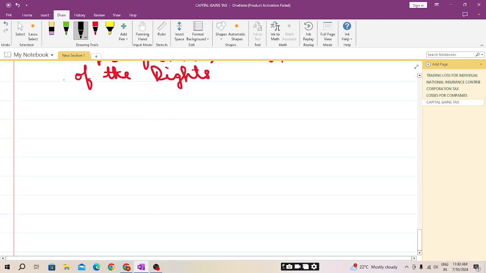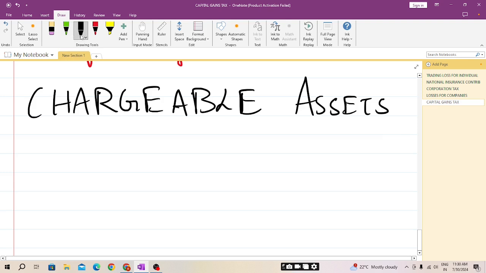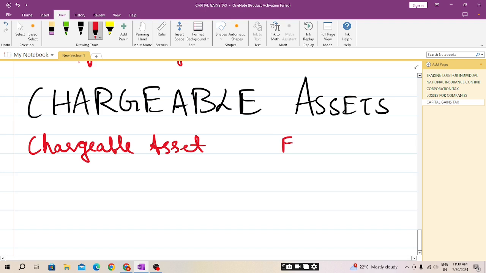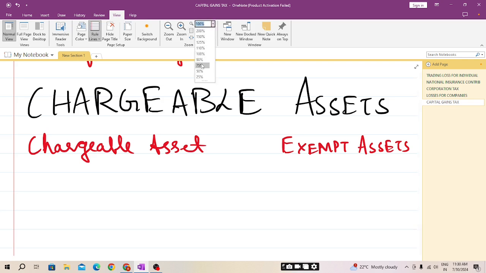Then coming to the next topic, known as chargeable assets, students. Chargeable assets and exempt assets.